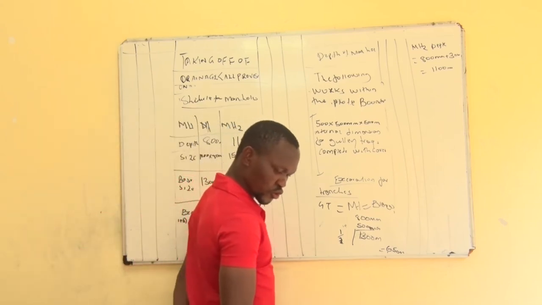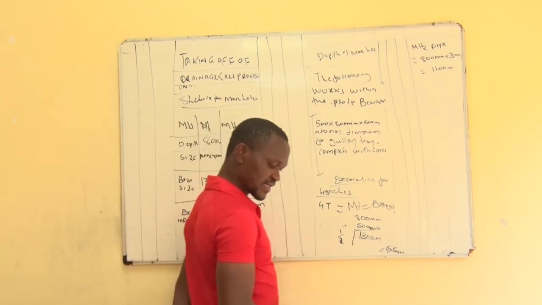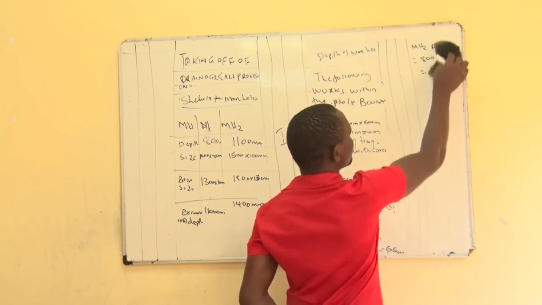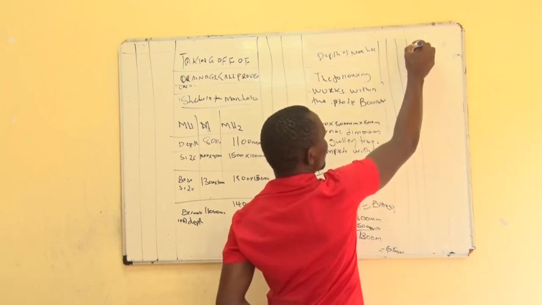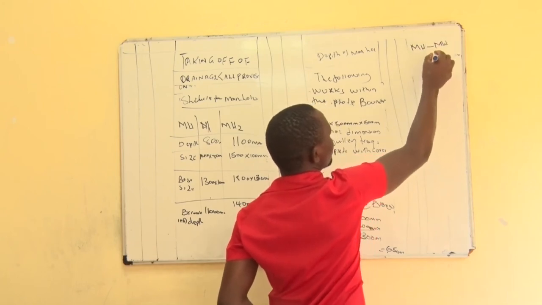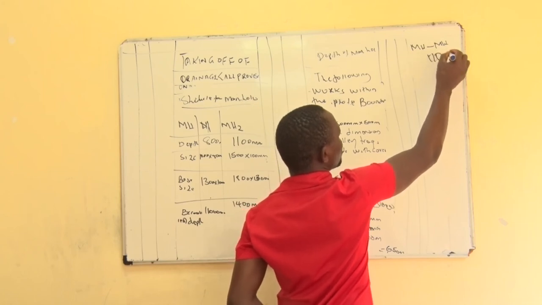From that, manhole 1 to manhole 2, as you have seen, it was 1800 there, but the slope was 800. So it is manhole 1 to manhole 2. We have 1100 as the depth of manhole 2.